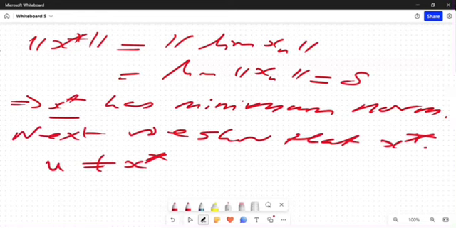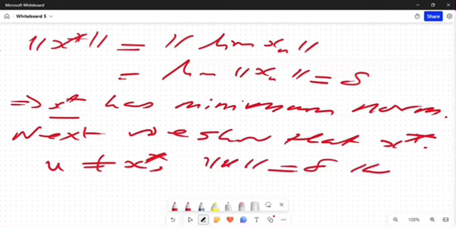So if u is different from x star, such that the norm of u is also delta, since they are not the same, zero will be less than their difference, the norm of x star minus u.